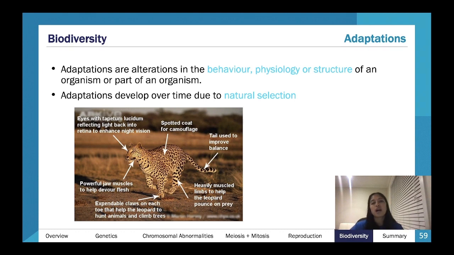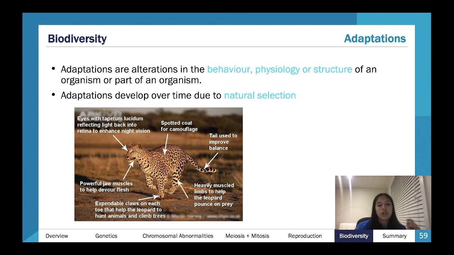So over time, you're going to start to see these organisms generally have longer loops of Henle, and this is an adaptation that develops over time. Because if you've got something that's more suited to this environment, it's going to show up more because they're the organisms that are going to be living longer and breeding longer.